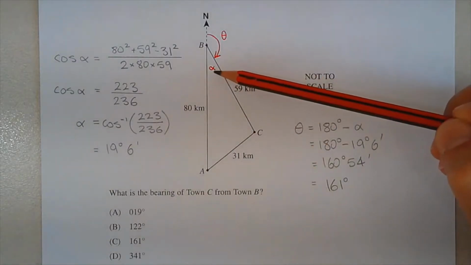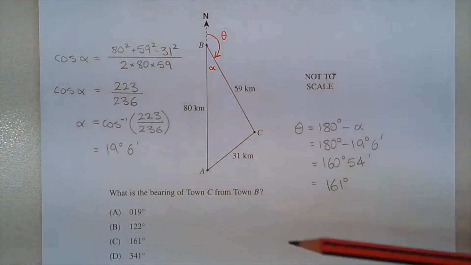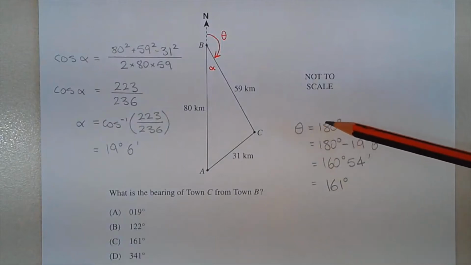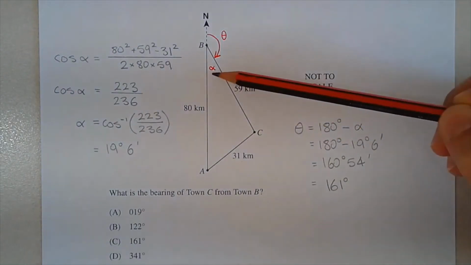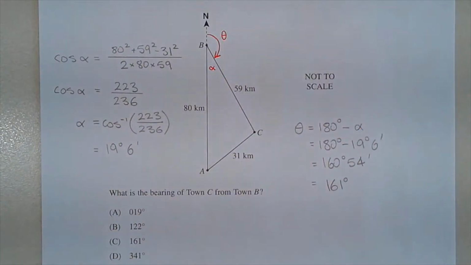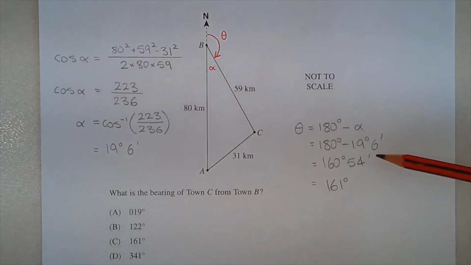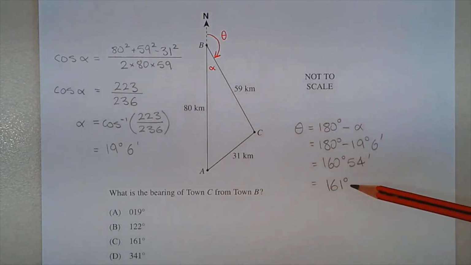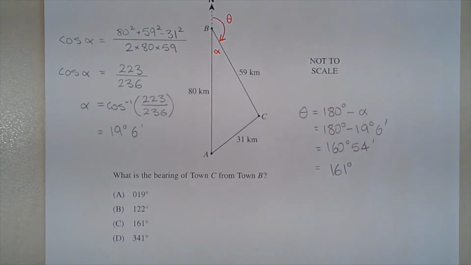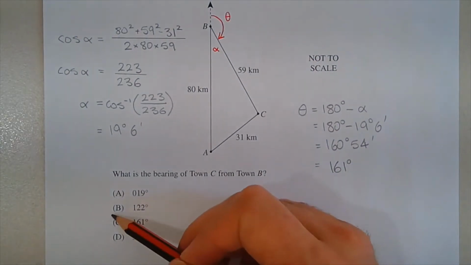Now that we have angle alpha, we can proceed to find angle theta. Now angle theta is equal to 180 degrees minus angle alpha, since both of those angles together add up to 180 degrees. 180 minus 19 degrees and 6 minutes equals 160 degrees and 54 minutes, rounded to the nearest degree is equal to 161 degrees. So the answer is option C.